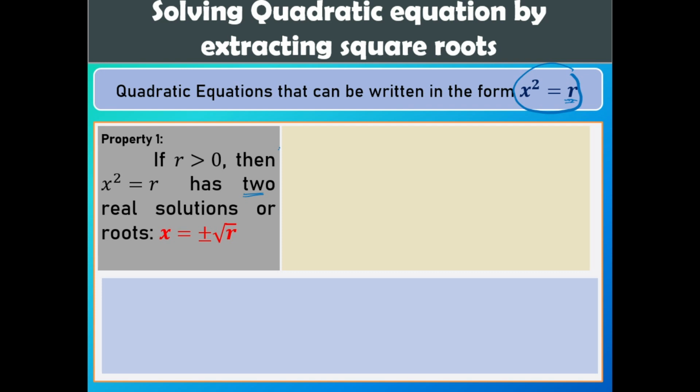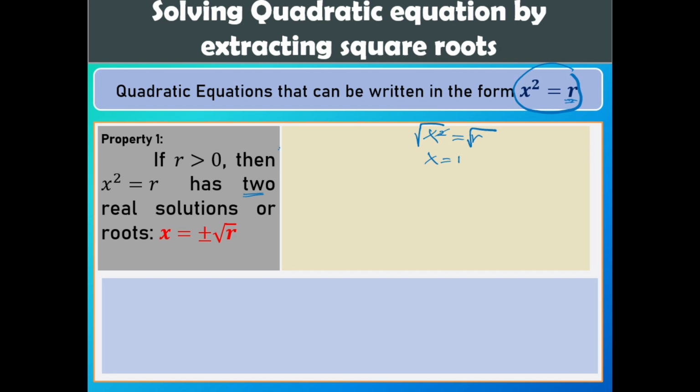So, kukunin lang natin yung square root of r. So, saan na yung x squared? No? Nakita natin, wala na siyang squared here. Okay? Because, pag i-extract natin yung square root ng x squared equals r, ma-eliminate na yung square ng x since we're going to find the square root ng x squared.